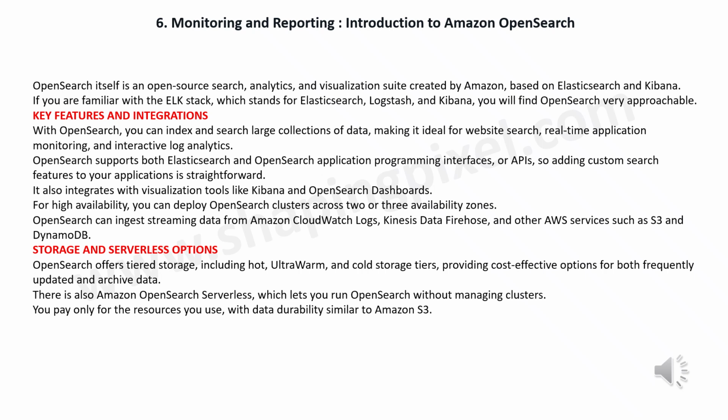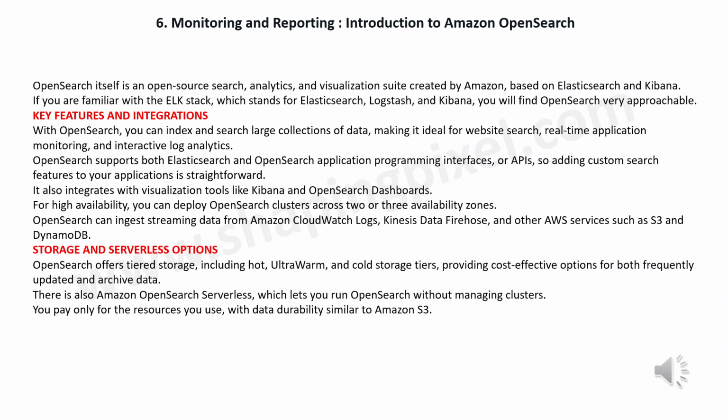If you are familiar with the ELK stack, which stands for Elasticsearch, Logstash, and Kibana, you will find OpenSearch very approachable. With OpenSearch, you can index and search large collections of data, making it ideal for website search, real-time application monitoring, and interactive log analytics.